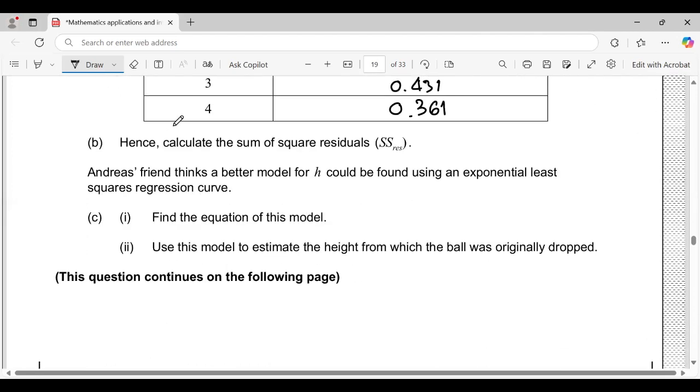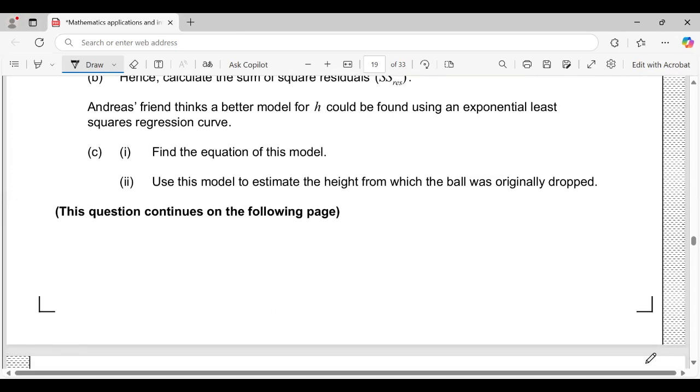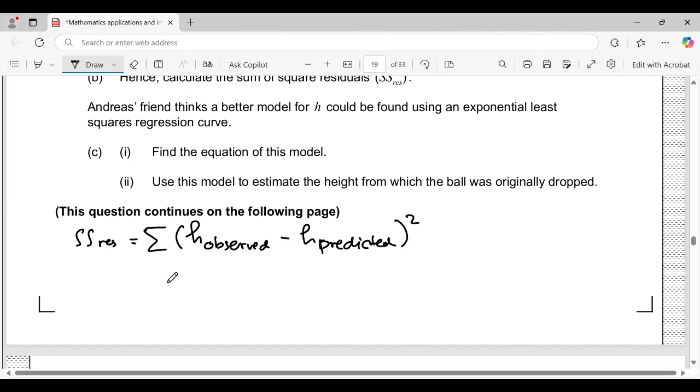B. Hence, calculate the sum of square residuals, SSRES. To find SSRES, the formula is sigma of (H observed minus H predicted) squared.